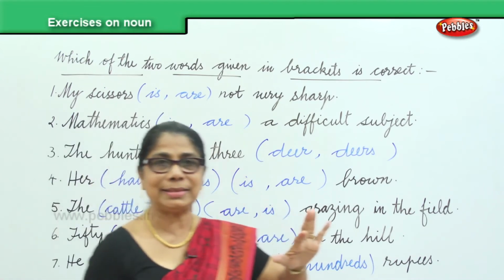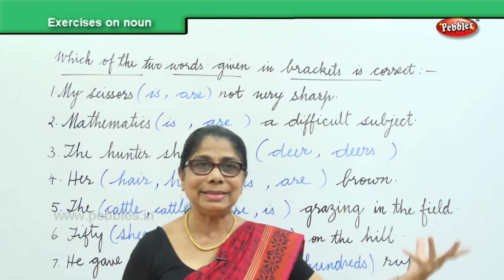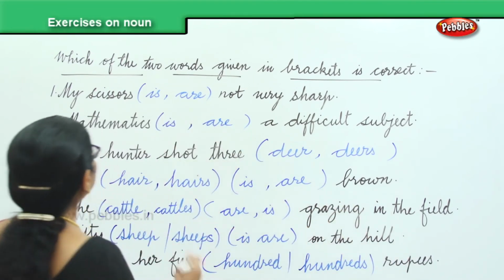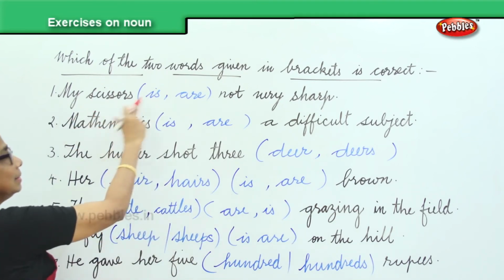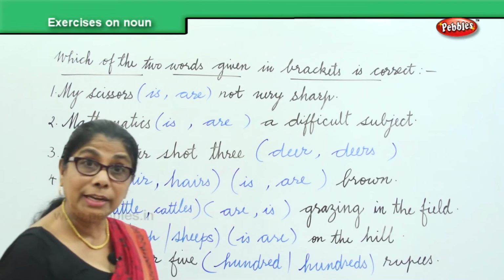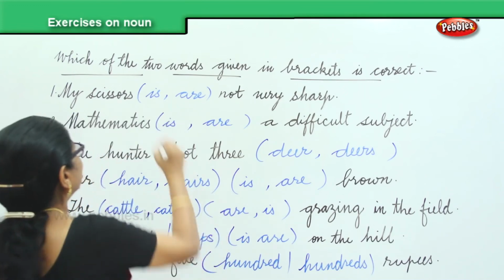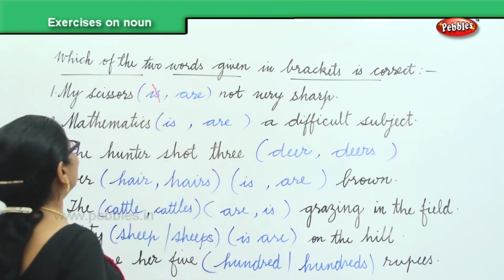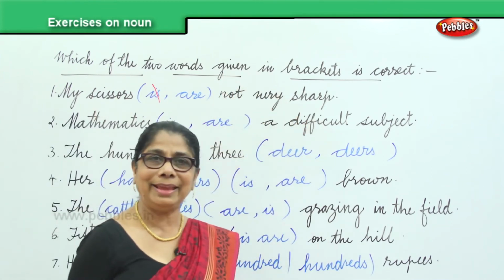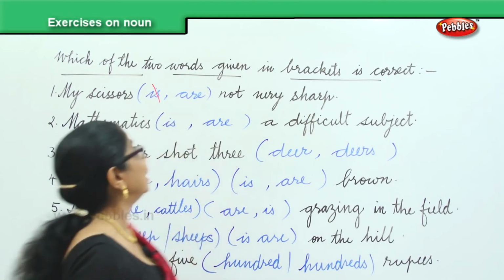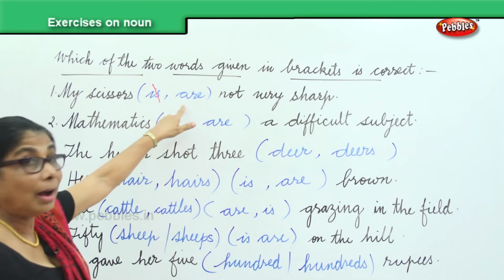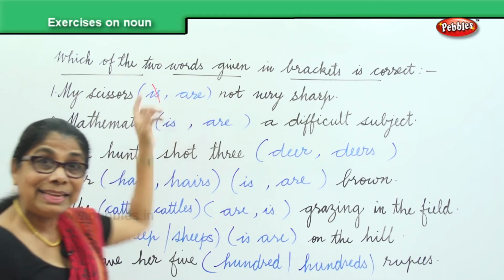You always say glasses, scissors, always are plural because there are two. So here, my scissors are not very sharp. So what we do not need, we're going to cross it out. Okay, so we got that first sentence correct. Which of the two words given in the bracket is correct? So are, my scissors are, is correct.